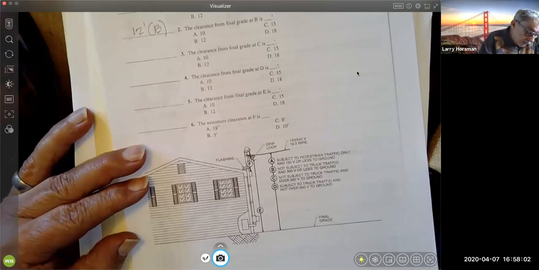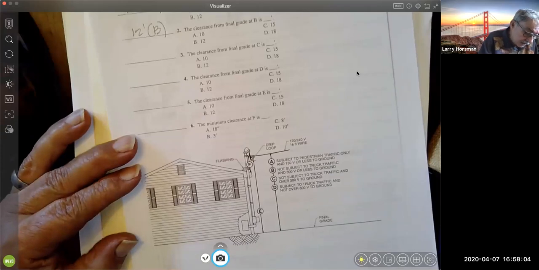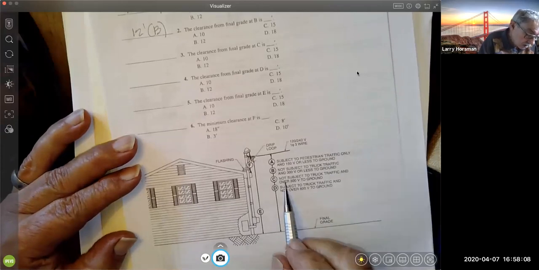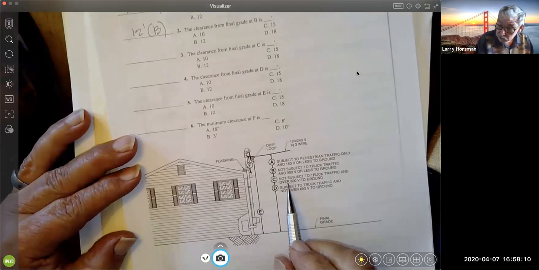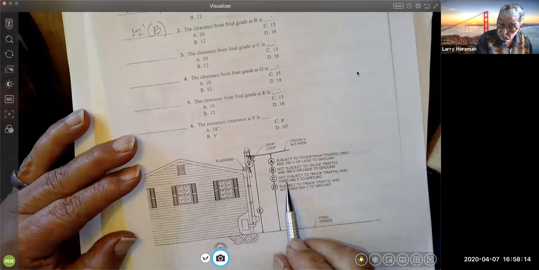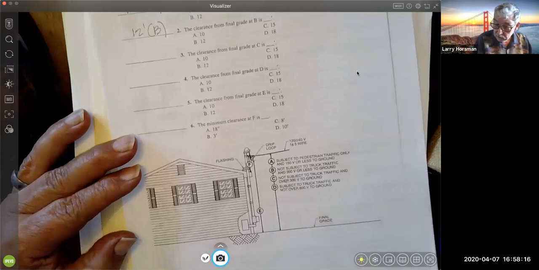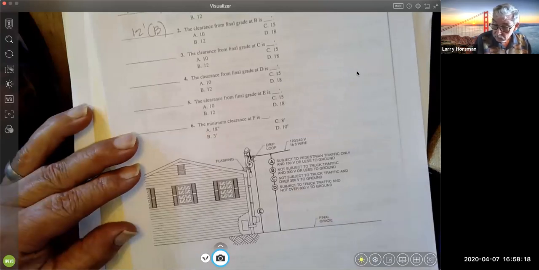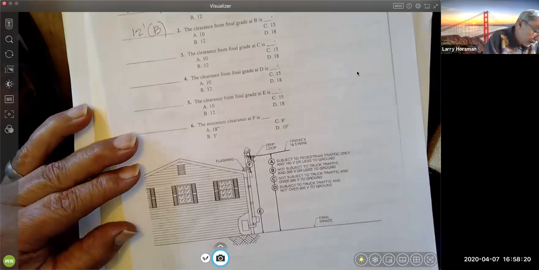The clearance from final grade at C. C says not subject to truck traffic and over 300 volts to ground. That would be 15 feet.